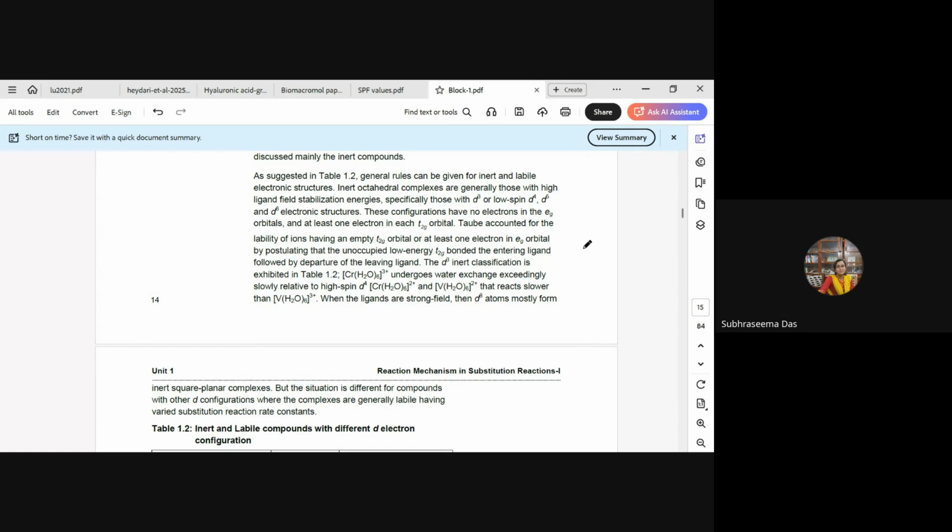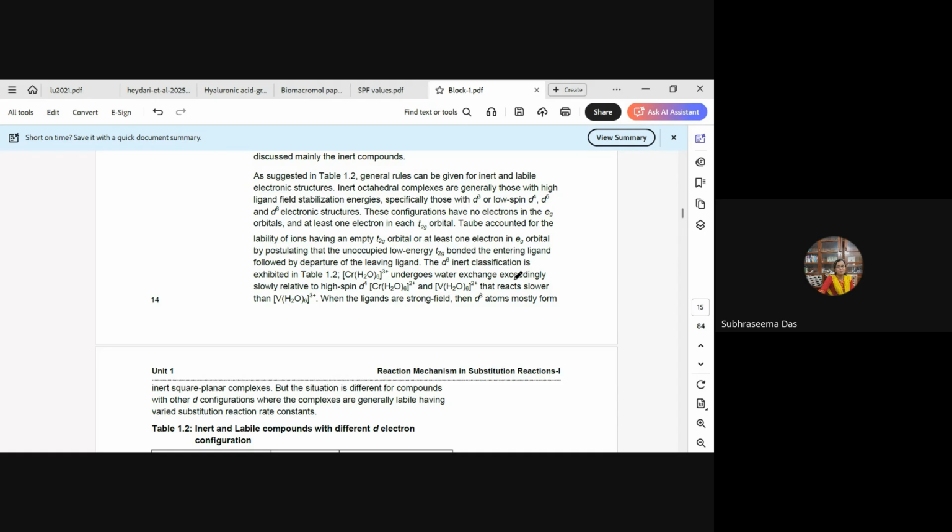The inert octahedral complexes are generally those with high ligand field stabilization energies, that is LFSE. We all know what CFSE and LFSE are. Specifically, those with d3 or low spin d4, d5 and d6. These configurations do not have electrons in the eg orbitals and have at least one electron in the t2g orbital.